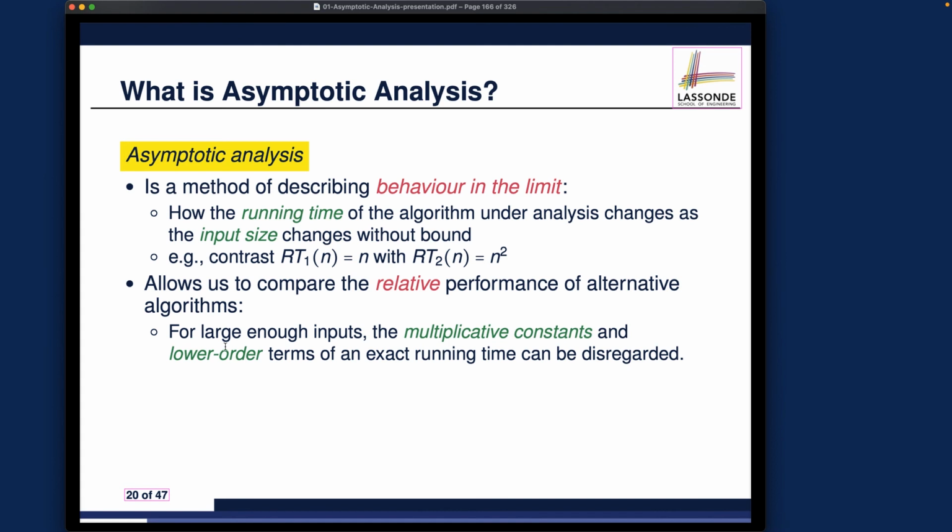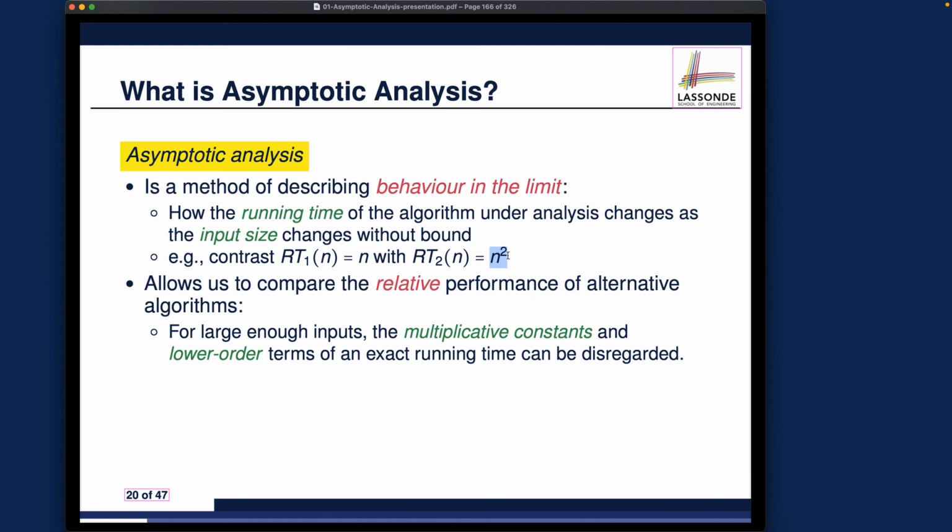But here's a principle. If your input is large enough, and you are given the function for your running time, for example n and also n squared, you can always drop the multiplicative constant and also the lower order terms, which we already illustrated how to do. For example, here, after dropping all the lower terms in this particular formula, you got only n left. n is the highest power, n to the power of 1.